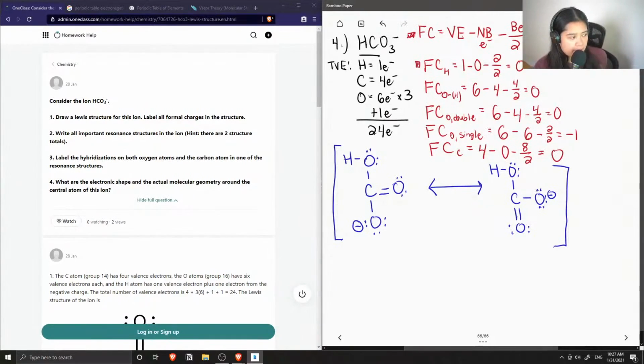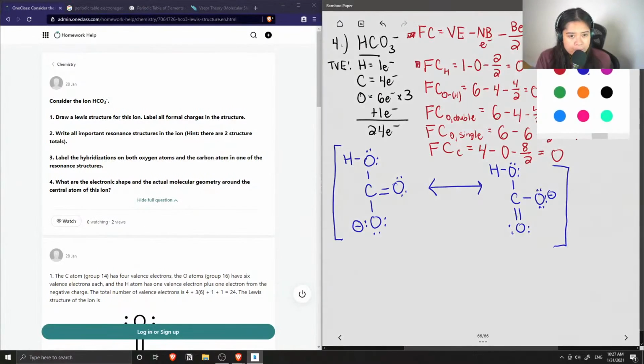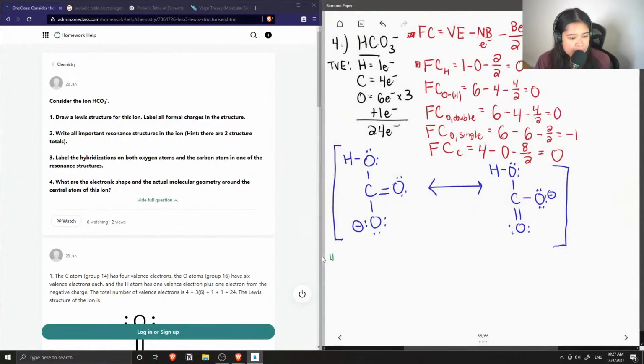And now we need to label the hybridizations on both oxygen atoms and the carbon atoms in one of the resonance structures. So let me write out on the side here the different charge clouds and whether or not they are sp, sp2, or sp3. So a charge cloud can be either a lone pair or a bonded atom.